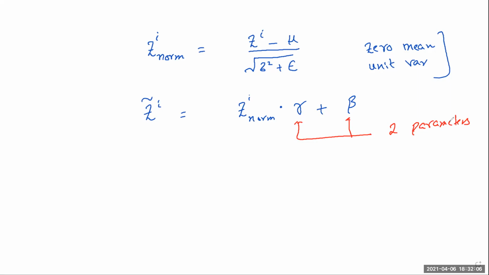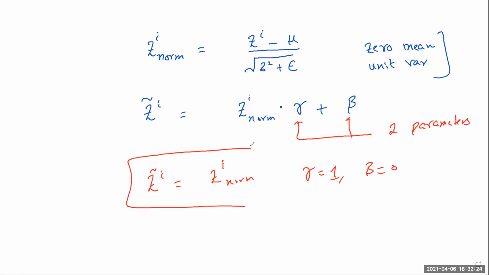Now, suppose gamma and beta are learned. So if gamma is 1 and beta is 0, what happens? Actually, you get this. It means Z_i tilde is actually same as Z_i normalized.